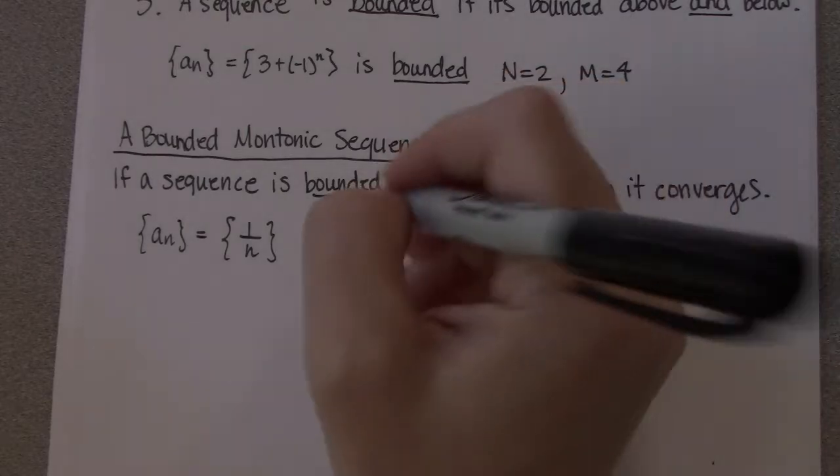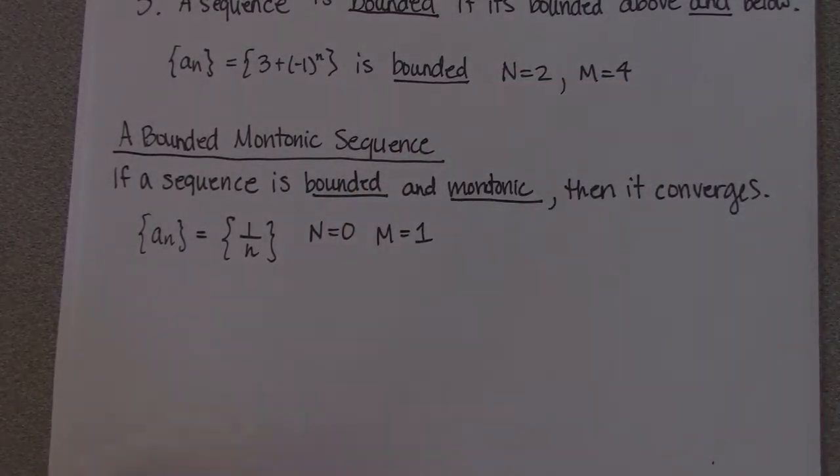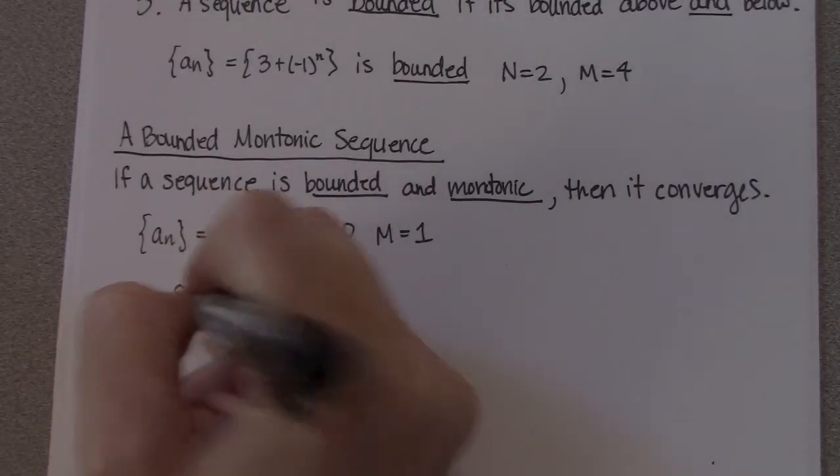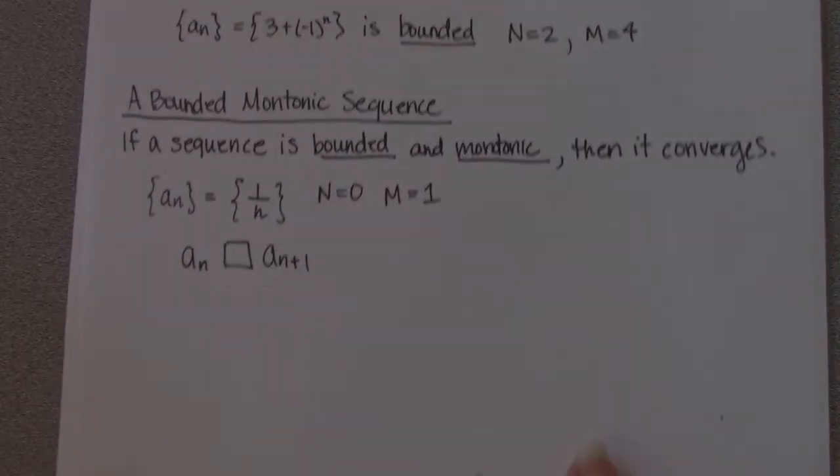Is it monotonic? Right? So those of you that said it's bounded by 1, you're right, because the first term is 1, right? And we can kind of sort of see that all these fractions are going to get smaller and smaller and smaller, right? But we need to show, is it monotonic? So what does a sub n look like compared to a sub n plus 1?